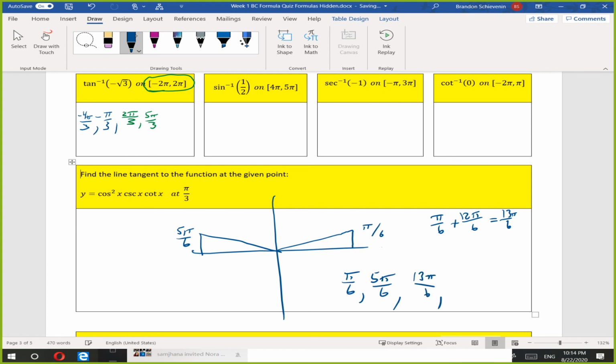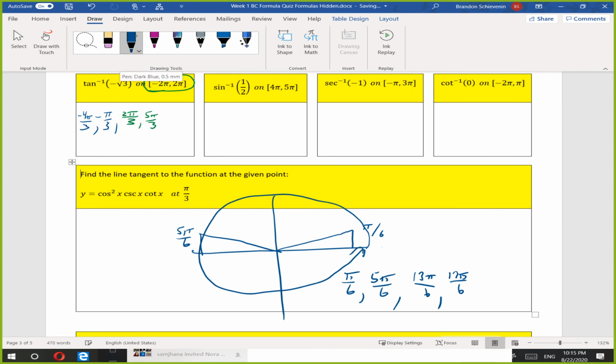Okay, do the same thing with 5 pi 6. 17 pi over 6. Okay, so going from 0 to 2 pi gave me pi 6 and 5 pi 6. And then from 2 pi to 4 pi, my second rotation, gave me 13 pi 6 and 17 pi 6. Unfortunately, that's below 4 pi, so 4 pi is actually our start point, right here. So I need to keep going for another value.